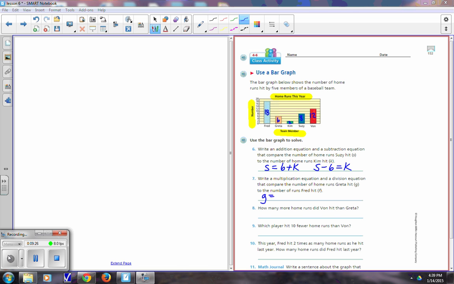So I would take Fred's number and divide it by 3. Because Greta's total number is smaller than Fred's, I have to divide up Fred's number. So Fred equals Greta times 3. Because Greta is 6, times 3 equals 18.